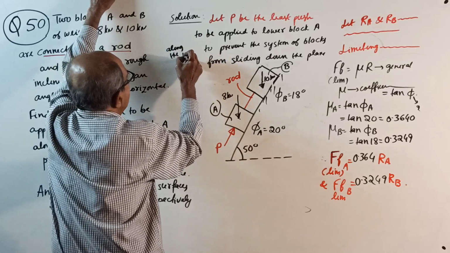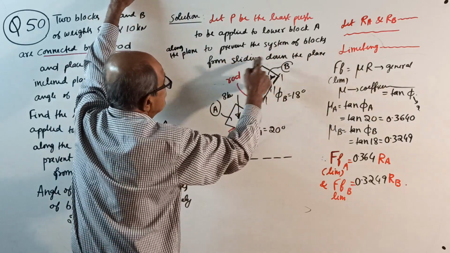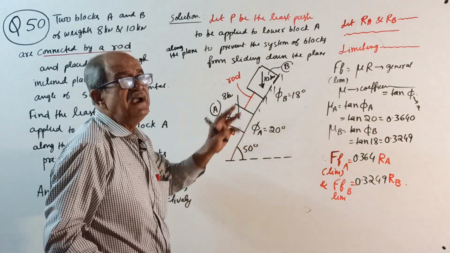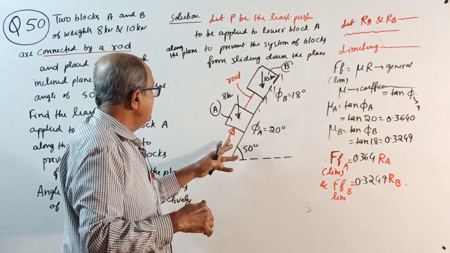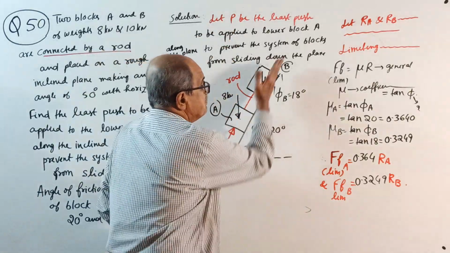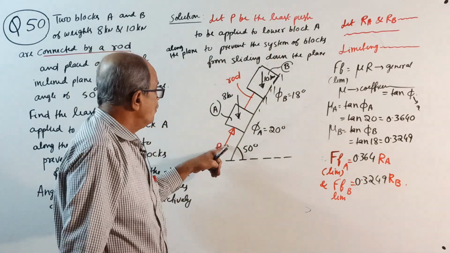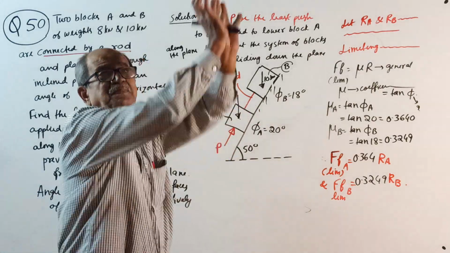Along the inclined plane, to prevent the system of blocks from sliding down. So remember, purpose is to prevent from sliding down. If the P is not there, the system will slide down. So friction is up. Now, by chance if the question is, what is the force required to move the system up the plane?